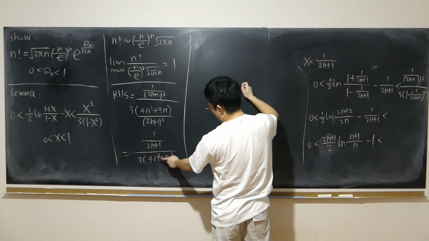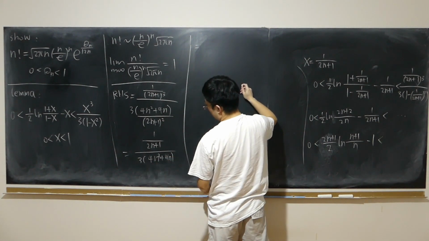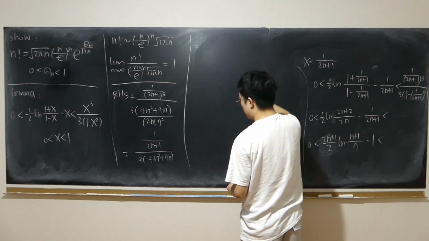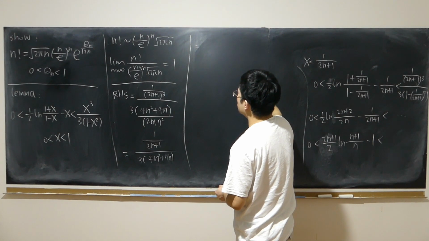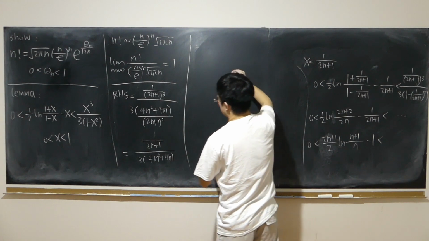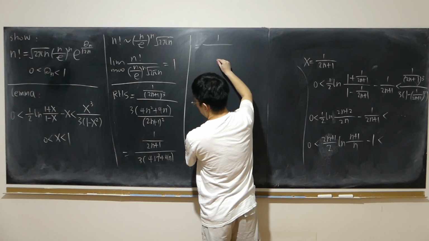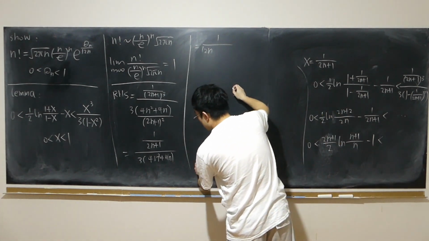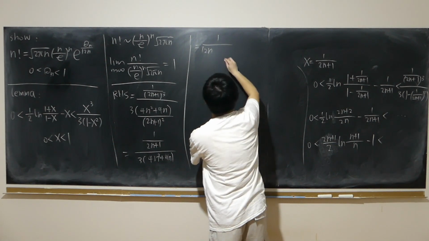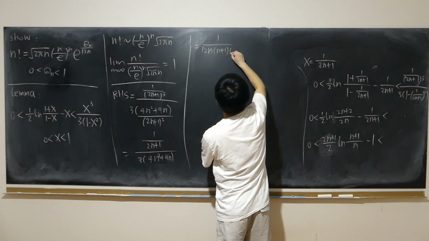factor out, for example, 4n out here. It becomes 12n times n plus 1 over 2n plus 1.